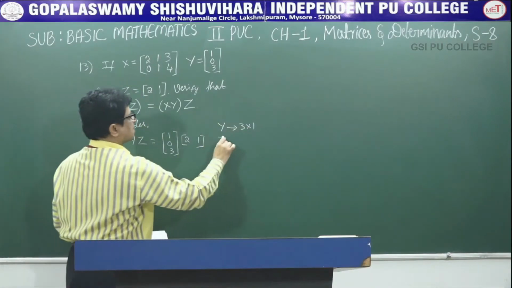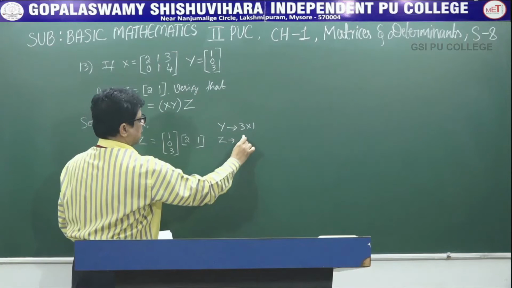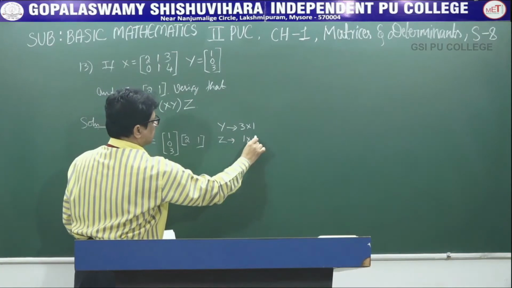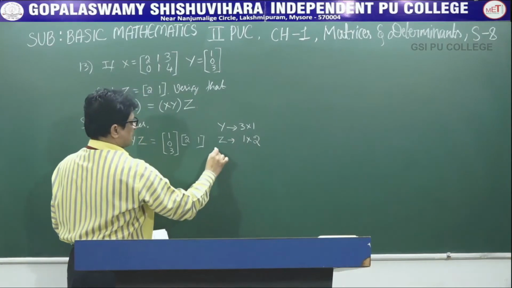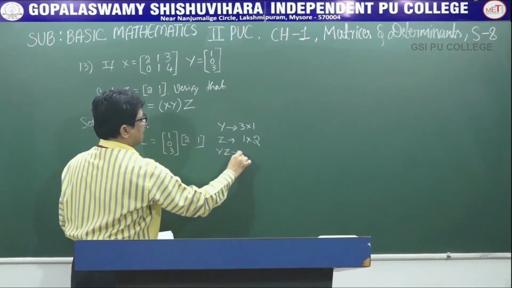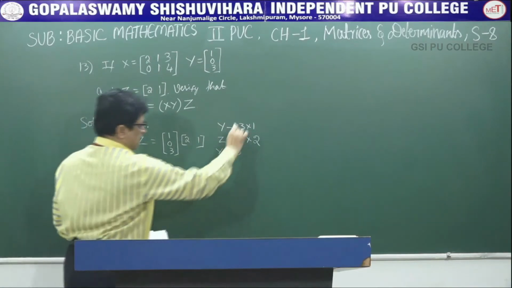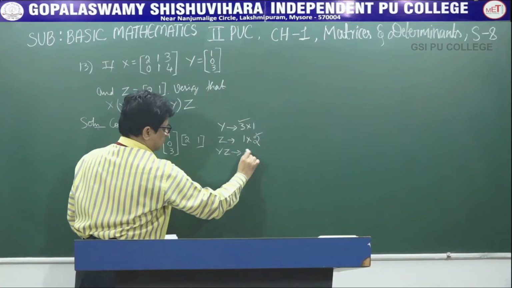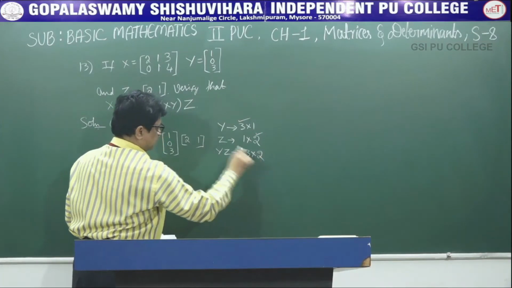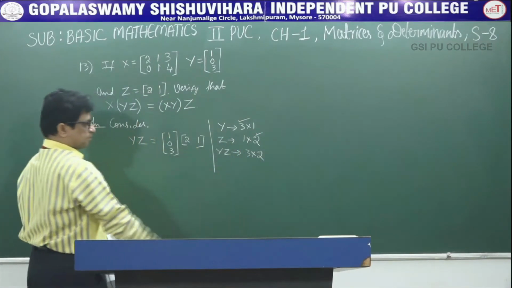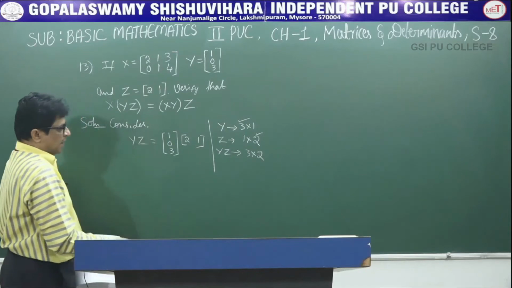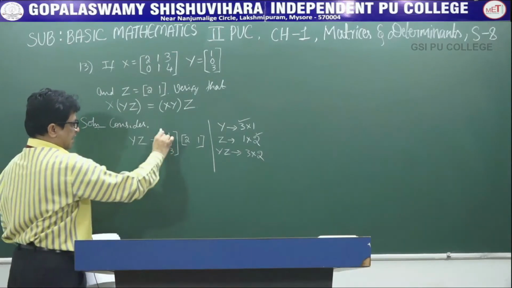Z matrix is of the order 1 into 2. So, YZ matrix will be of the order 3 into 2. So, let us multiply YZ.